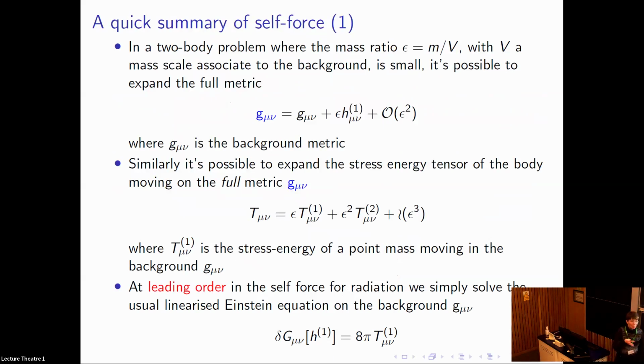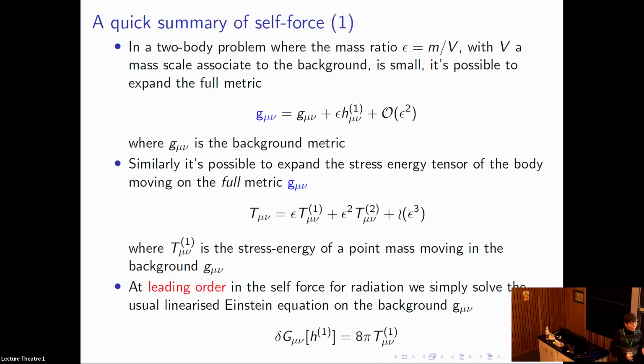Let me go into a bit more detail about this. Thankfully, Victor already talked about this yesterday. But if you weren't there, in the self-force expansion, we expand in the mass ratio. So here's epsilon, which is equal to the small mass over some v, a mass scale associated with the background. For a black hole, it would be the mass of the black hole.